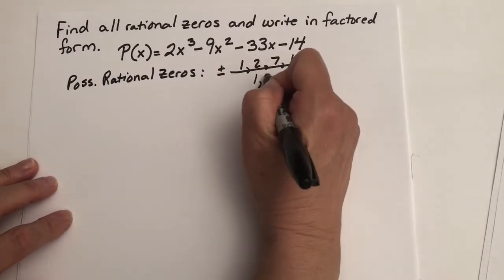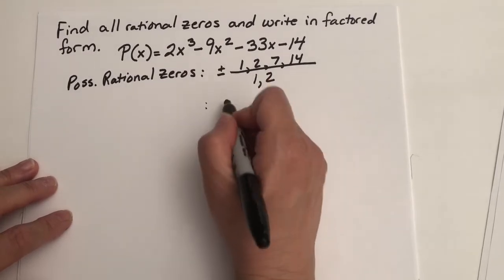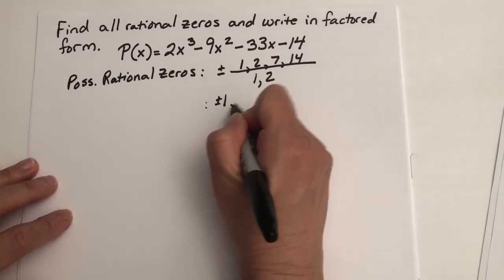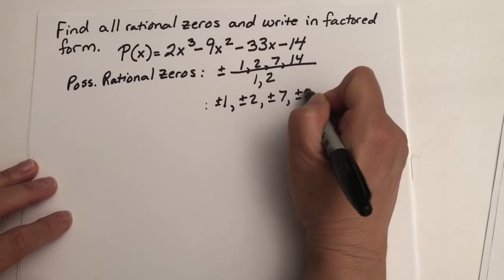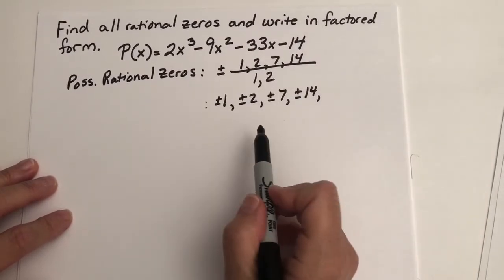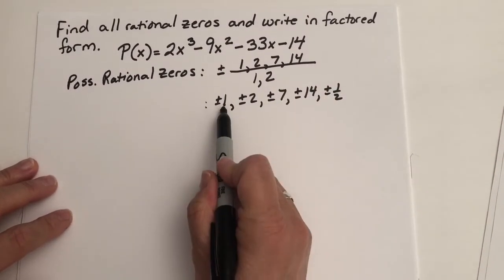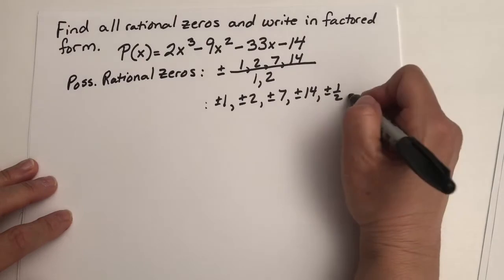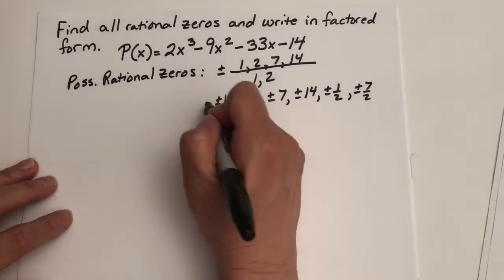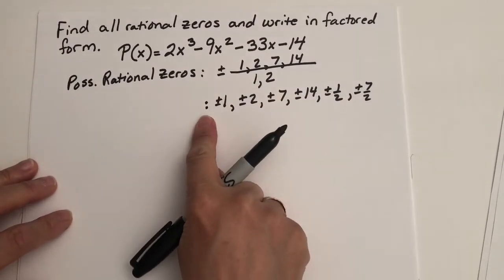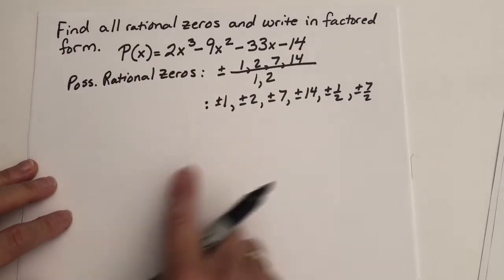Factors of 2 are 1 and 2. So possible rational zeros would be on this list: 1 over 1, 2 over 1, 7 over 1, 14 over 1, 1 over 2, 2 over 2, that's a duplicate of this number, 7 over 2, and 14 over 2, which is a duplicate of that number. So here is our list that we begin with. The possible rational zeros for this polynomial are listed here.